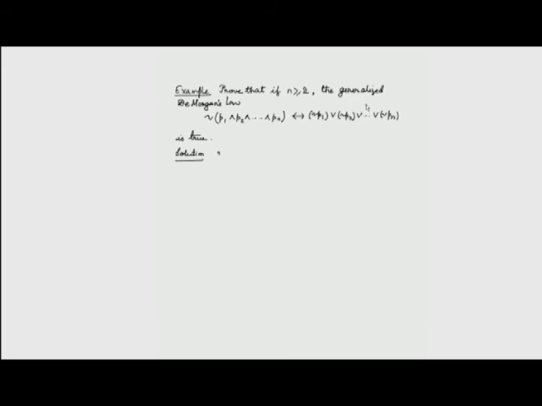So, for n equal to 2, we have not of P1 and P2 biconditional not of P1 or not of P2 is true.